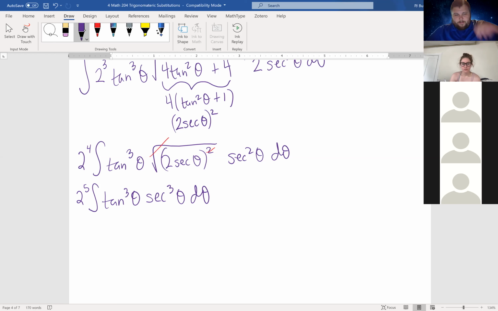So again, we've used trig substitution on a problem that we typically don't know how to solve, and it's gotten us down to now a trig integral. So for tangent secant, I think I'm going to pull out one of each.